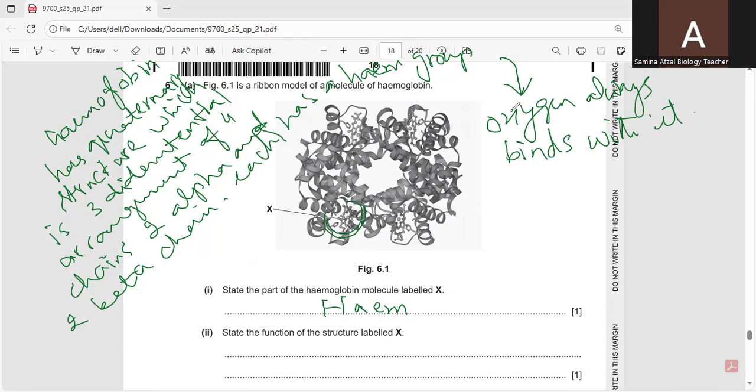So state the function of the structure labeled X. The function of the heme group is to bind with and transport oxygen. Very simple questions.